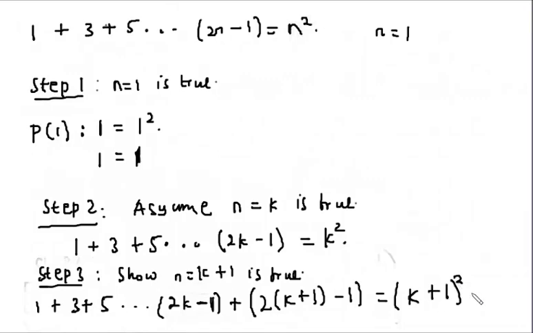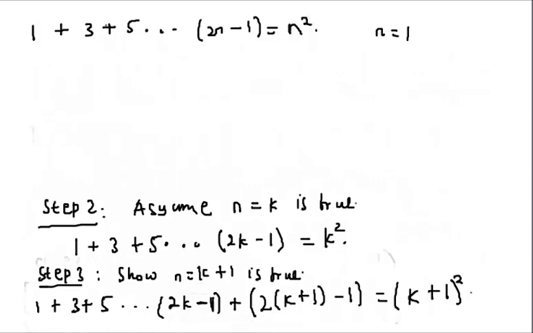So now we have to show that the left hand side of this equation is equal to the right hand side. To do that, looking at step 2 and then at step 3, we know that this part of our equation in step 3 is equal to k squared, like we got from here.